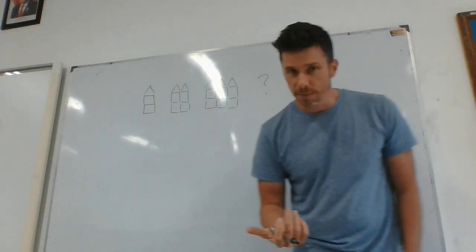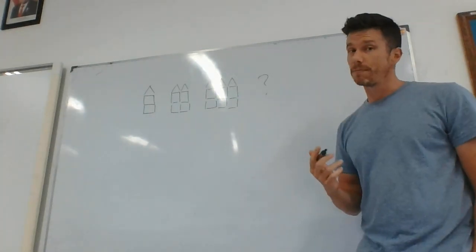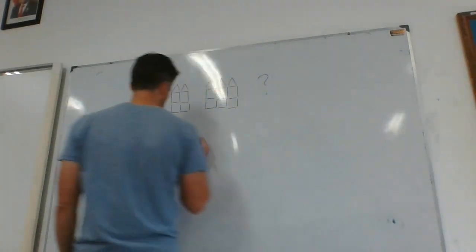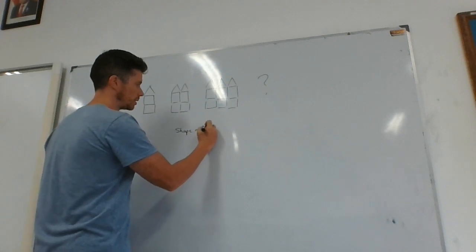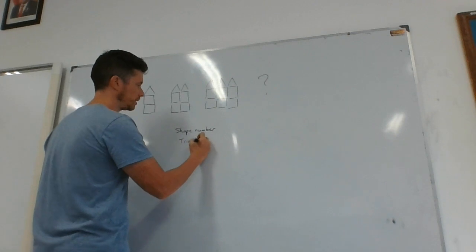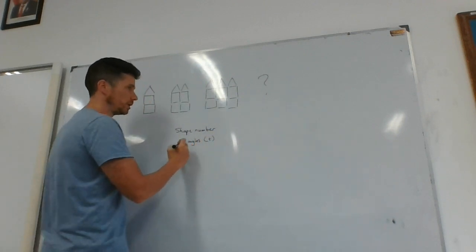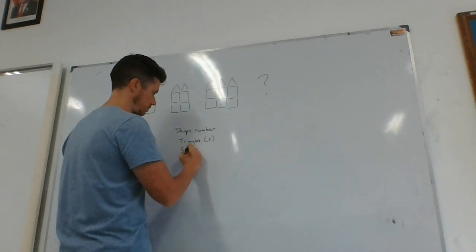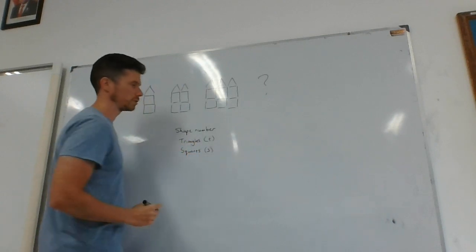To draw a table to show a pattern, you can do a number of things. I would recommend that you maybe start with shape number as one line on the table, then triangles. Let's use a variable here, let's call that t, and s for squares, so we have variables.